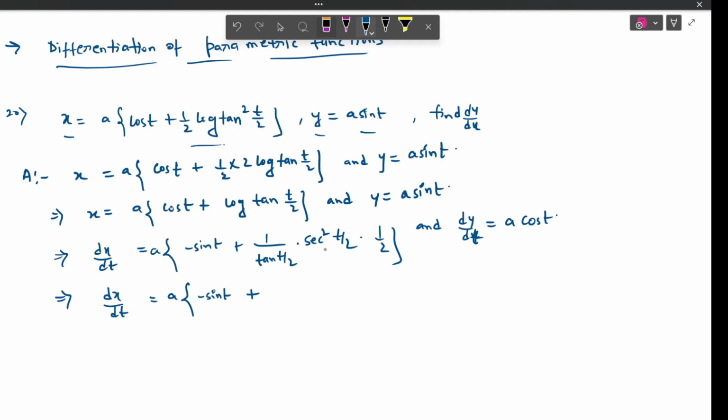So cos t by 2 and 1 cos t by 2 will cancel out to 2 sine t by 2 cos t by 2, that is sine t, right? So 2 sine t by 2 cos t by 2, and dy by dt is a cos of t. Okay.